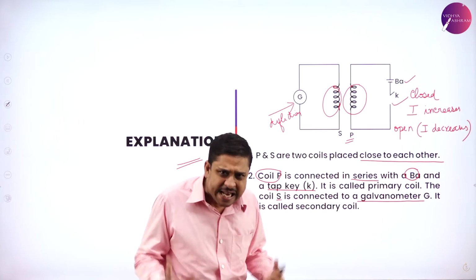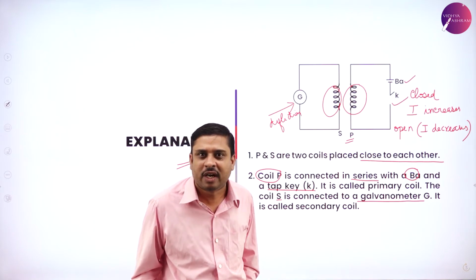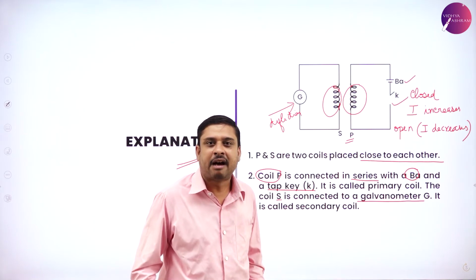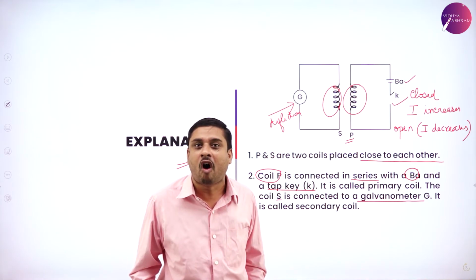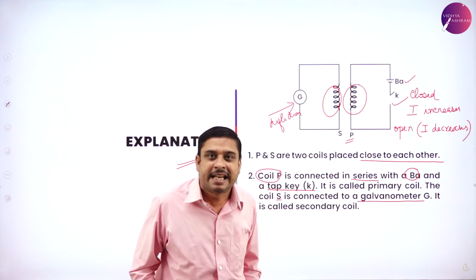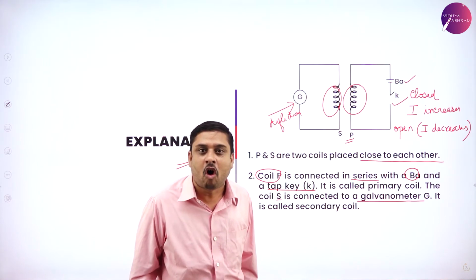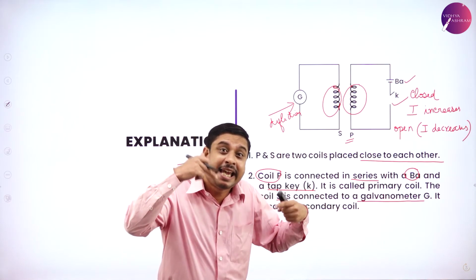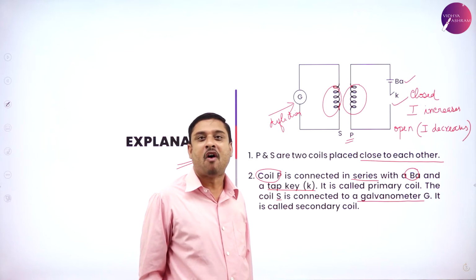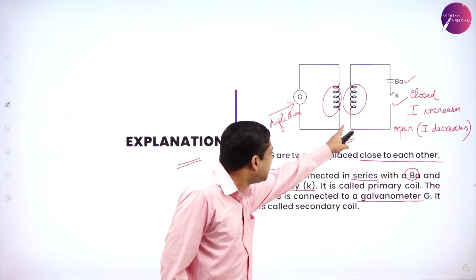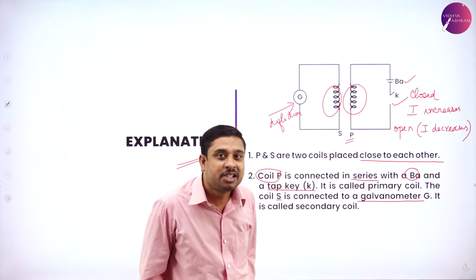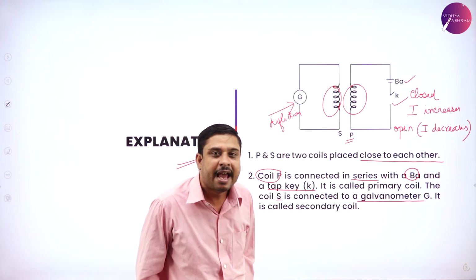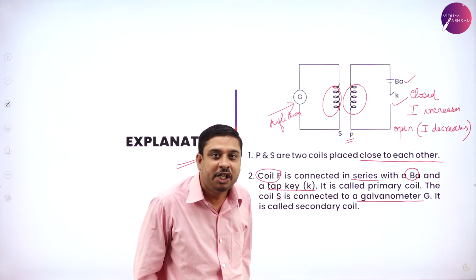So you can very clearly understand, my dear students, the current which is increasing in the primary coil or decaying in the primary coil is changing the magnetic flux linked with the secondary. Hence EMF is induced.